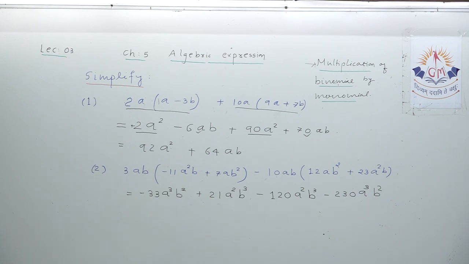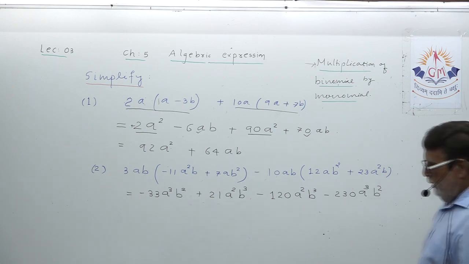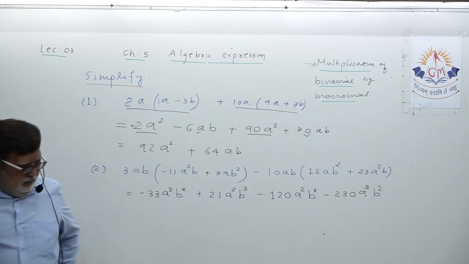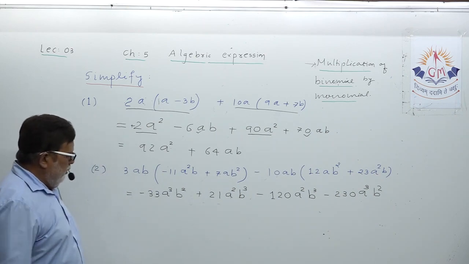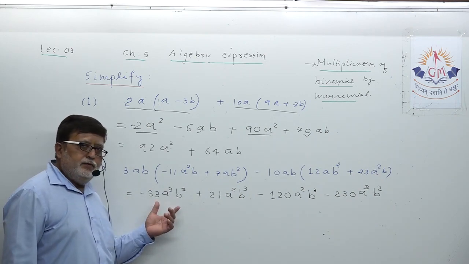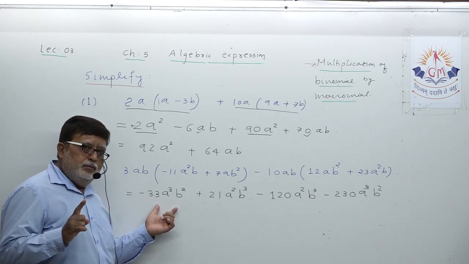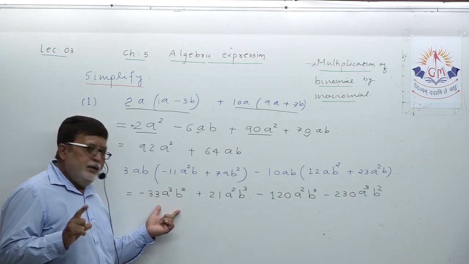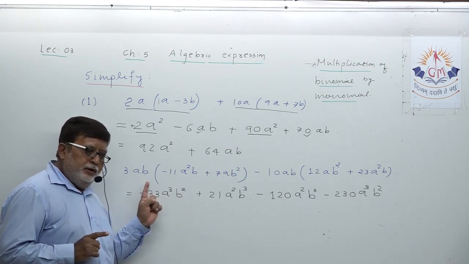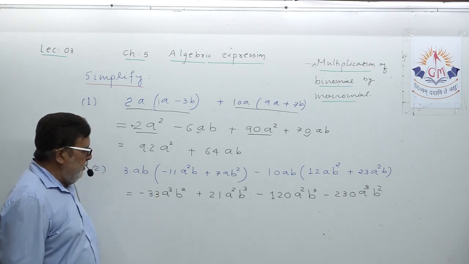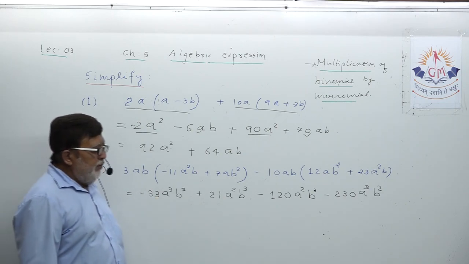Then we will target solving the like terms, okay? Give yourself enough time. Note down in your book properly. Try to understand how we have multiplied monomial and binomial.